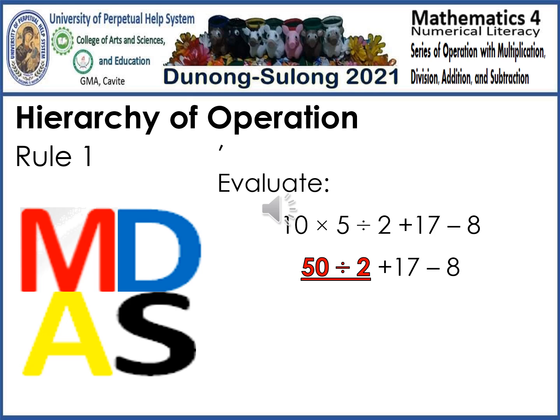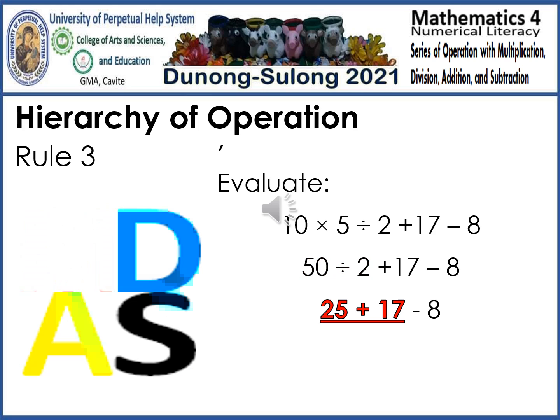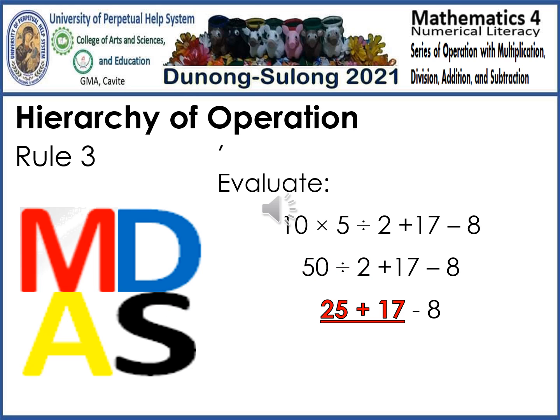Going back to rule 1, multiplication or division must be operated first before addition or subtraction. Therefore, the second operation in rule 1 is 50 divided by 2, and the answer is 25.